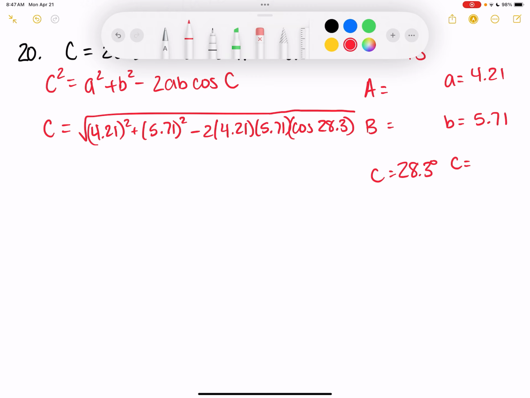So everything here is under that square root. So I use parentheses on everything when I'm doing this, so it looks just like it's written on my paper. So 4.21 squared plus 5.71 squared.